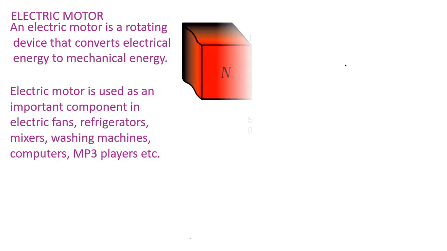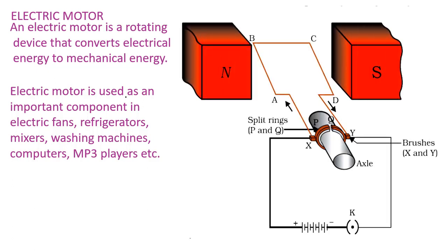Okay. Now, if we talk about the construction of an electric motor, here you can see a frame A, B, C, D. A rectangular frame is made up of copper coil, which consists of a large number of turns, and this is known as armature.